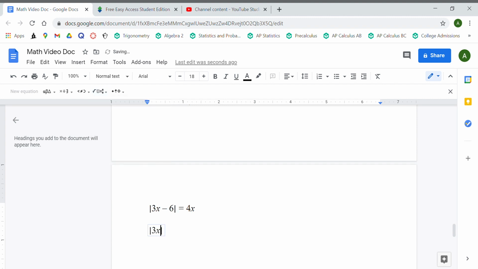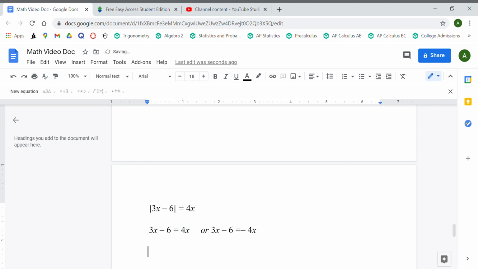We should have 3x minus 6 equals 4x on here, and then on this side we'll have 3x minus 6 equals negative 4x.